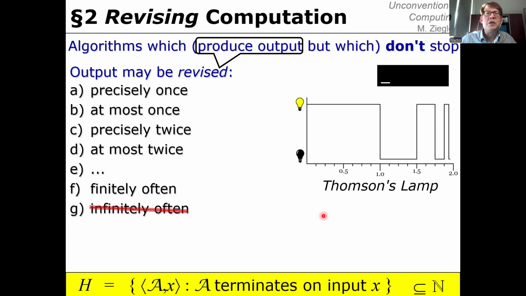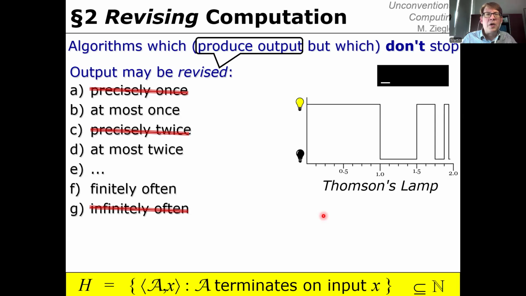Don't wait for further revisions because we've been promised precisely once or precisely two or precisely three revisions. And the essence is that because we promised precisely two revisions, for example, our simulation can safely wait for that second revision to happen. And it will happen because we have been promised so. So being allowed to make precisely one or two or three revisions does not give more computational power to a non-terminating algorithm compared to traditional terminating algorithms.